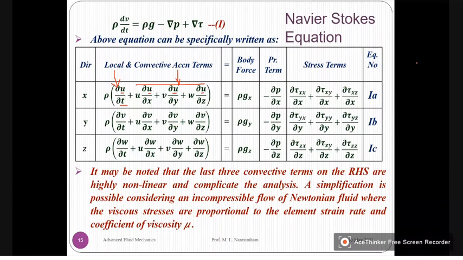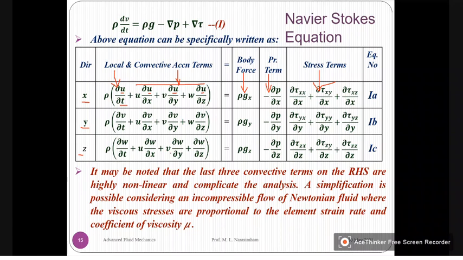So this is body force, and this is the pressure term, and this is the stress term. So we'll get in the x direction, y direction, and z direction these equations. Now let me just, okay.